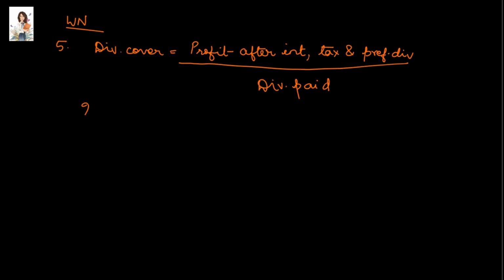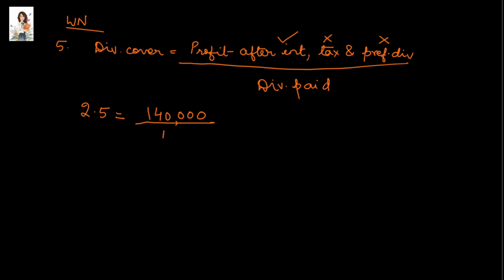Dividend cover ratio is 2.5. In this question, we don't have tax and preference dividend. We only have interest. So profit after interest we have already found out in part B. It is $140,000. That is the profit for the year.